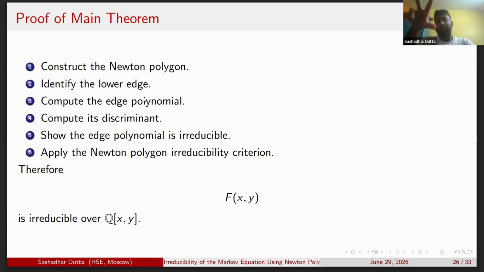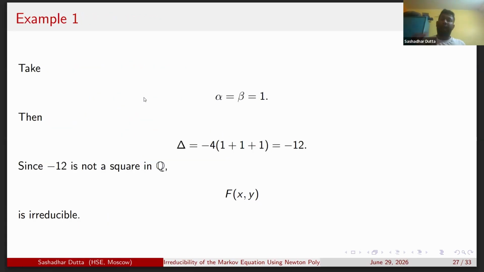If the discriminant is not a square, we get that this is irreducible. So we apply the Newton polygon irreducibility criterion, and we get the irreducibility of f over Q[x,y].